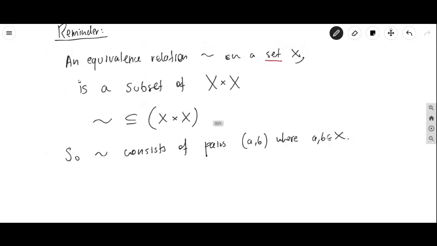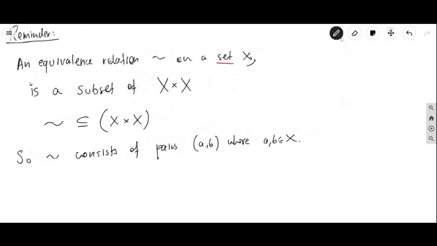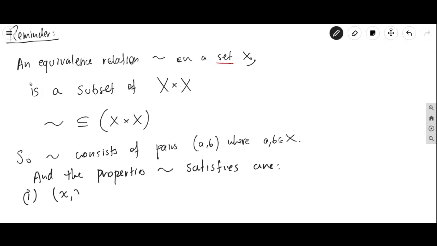Now, to be an equivalence relation, it has to satisfy additional properties. So here are the properties tilde satisfies. The first property is (x, x) is an element of tilde.